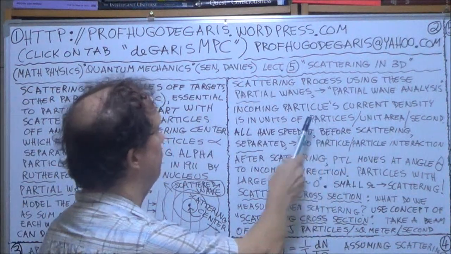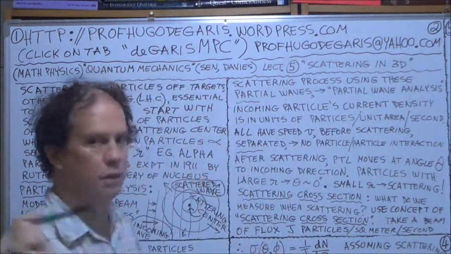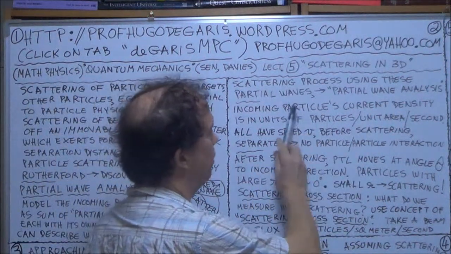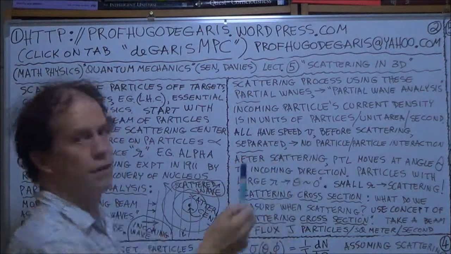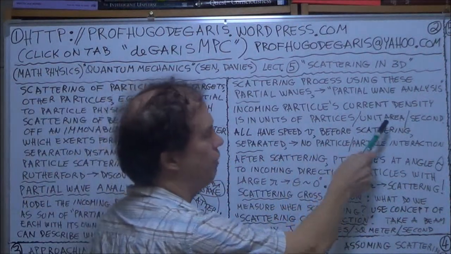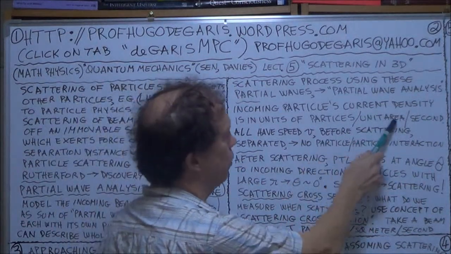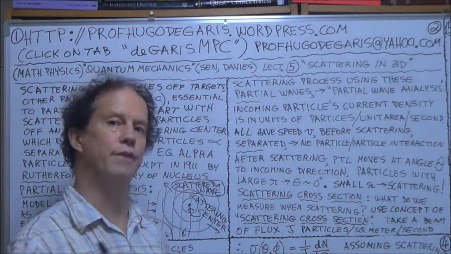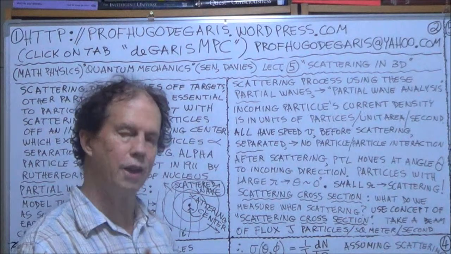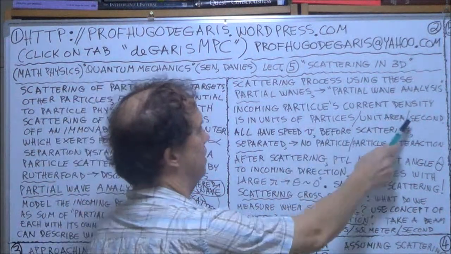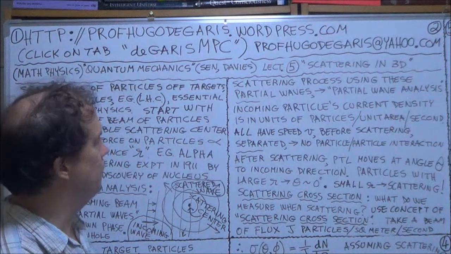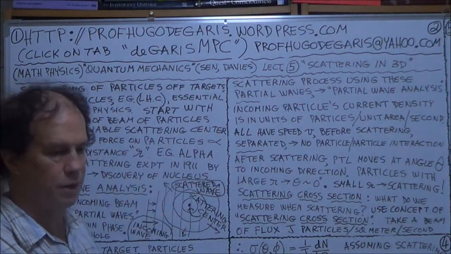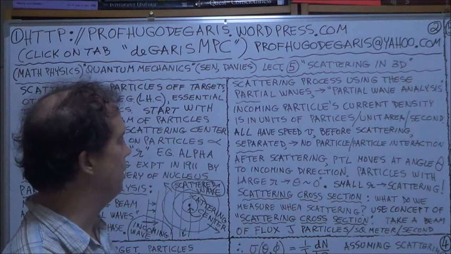The incoming particles' current density is measured in units of the number of particles per unit area, so per square meter per second. That's a measure of the intensity, if you like, of how many particles per unit area per second. We'll call that J after a while. This is the current density or flux.